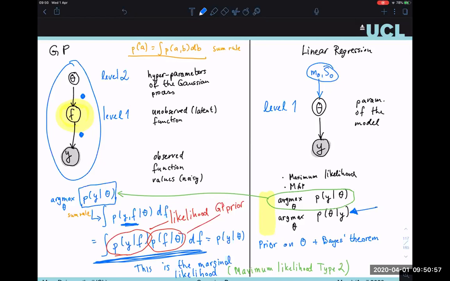So that would be a level. If we actually wanted to learn the parameters of the prior distribution instead of setting them, then we could do the same kind of thing in linear regression, but we didn't do this. Does that make more sense now, or is it more confusing?